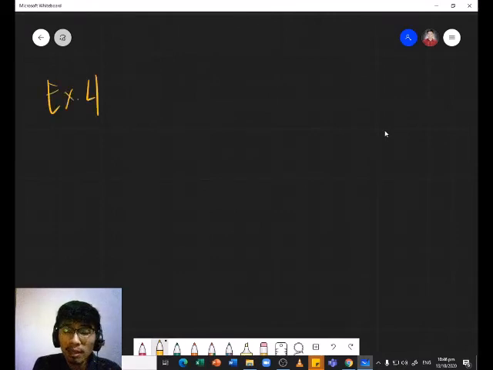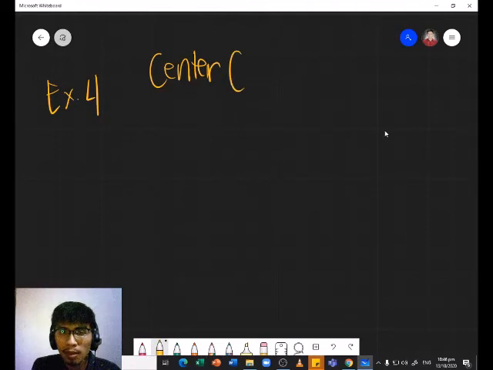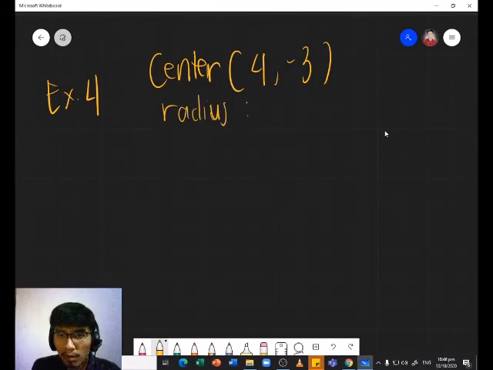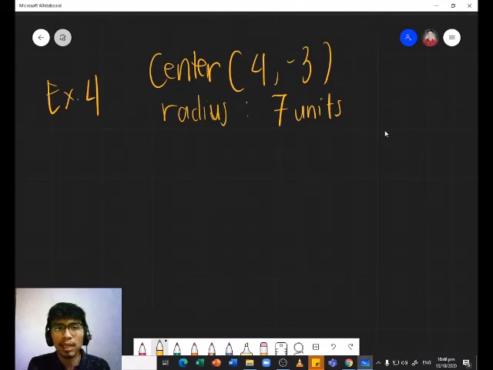What if the given is that the center of our circle is 4 and negative 3, and the radius is 7 units? So vice versa. The goal for example number 4 is to identify the center radius form or the equation itself.